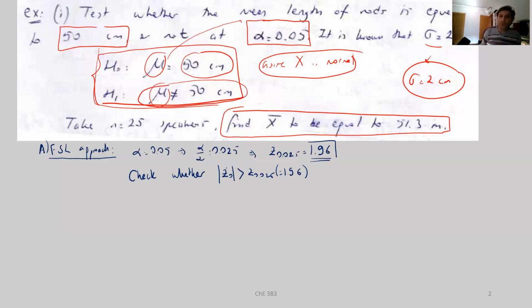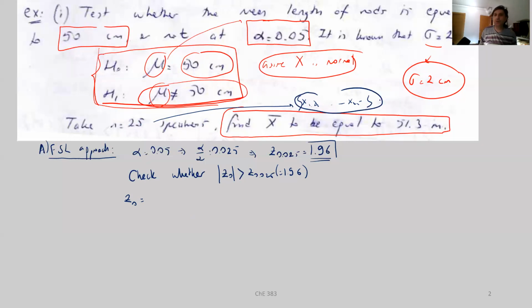So now to compute Z0, we take a sample consisting of 25 randomly selected specimens, and we compute the test statistic. Actually, in a real situation, of course, the values X1, X2 to X25, all of them will be given to you, or you would have measured each of them and obtained these values.